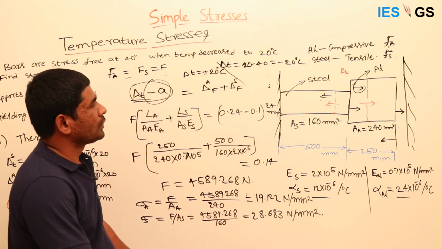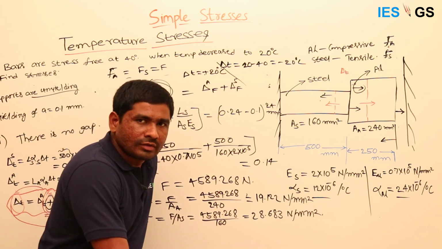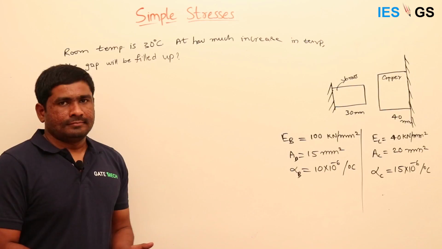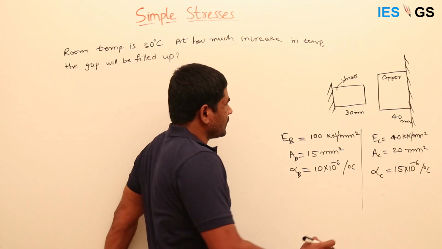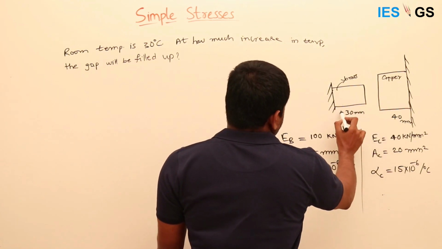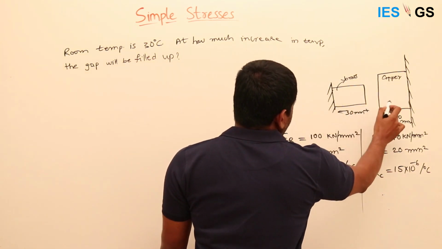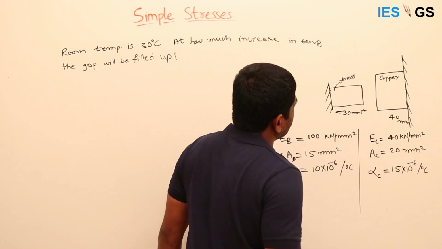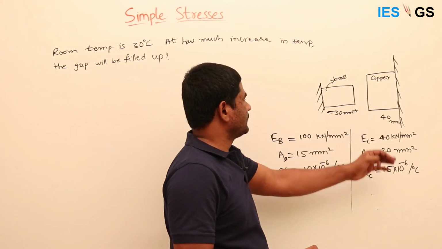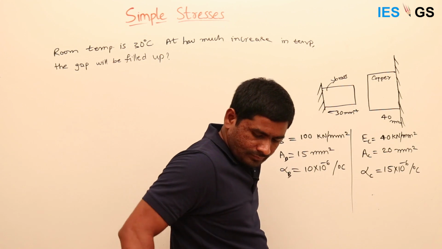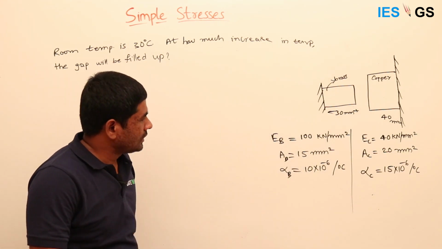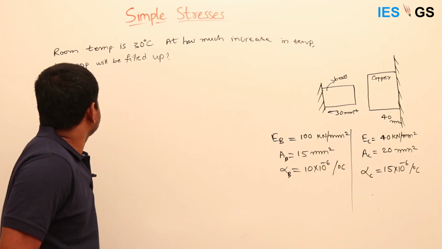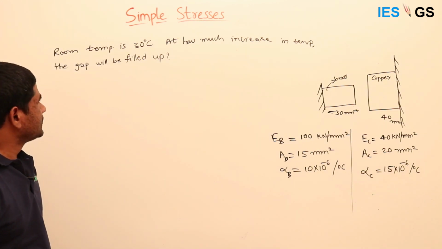If you can understand this problem, you can solve any difficult problem. Here in this problem we have a brass, and its length is 30 mm, and the copper part is here, its length is 40 mm. Their material properties are given like this, and the room temperature is 30 degrees centigrade.